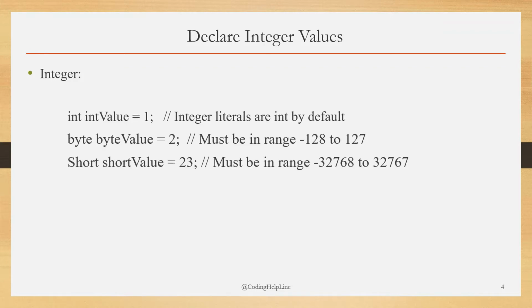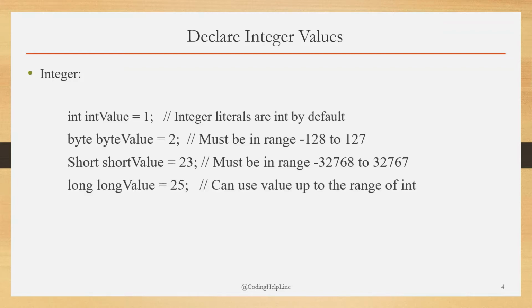Short value 23 must be in the range of minus 32,768 to 32,767. This is 2 bytes. And integer and long value can hold up to 64 bits of data. That is pretty big integer, 18 digits.